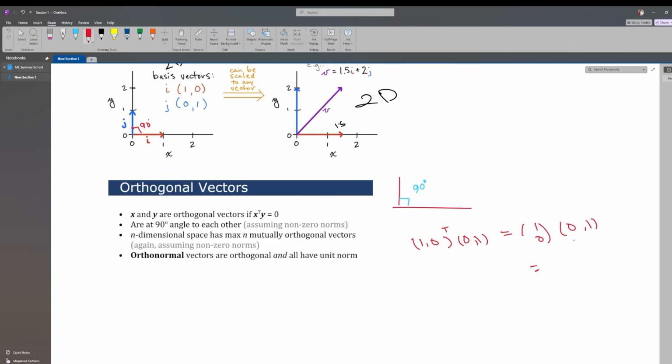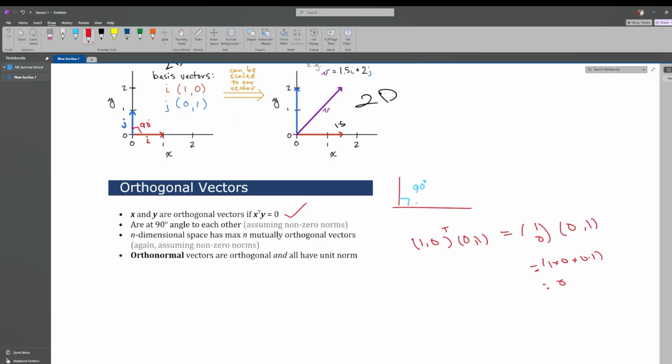Now if we multiply, 1 times 0 plus 0 times 1, we get 0. So we get 0, right? This is how we can do that.